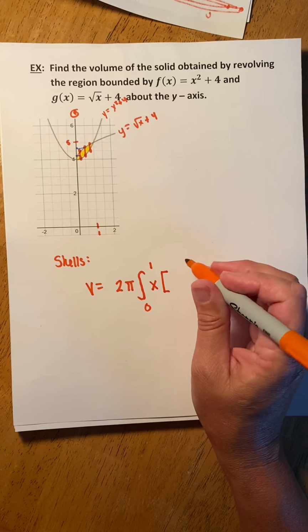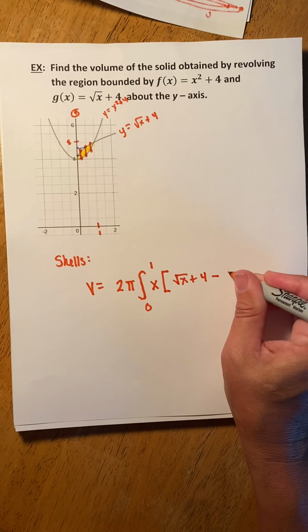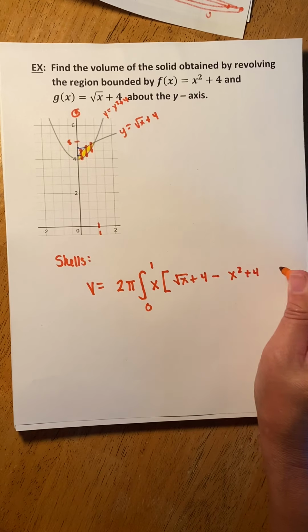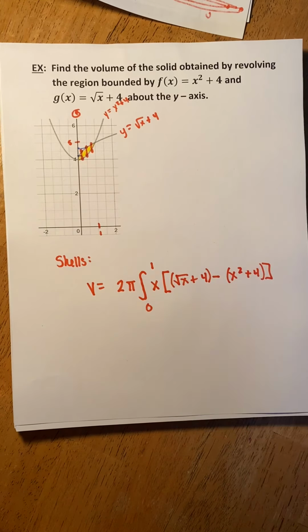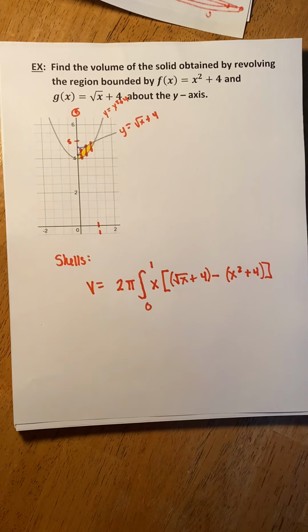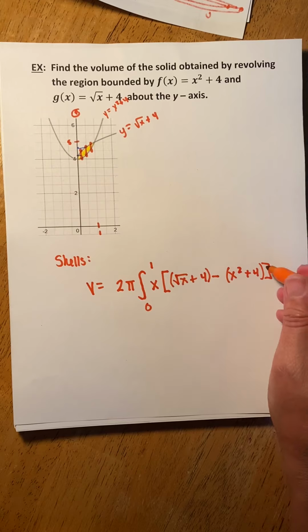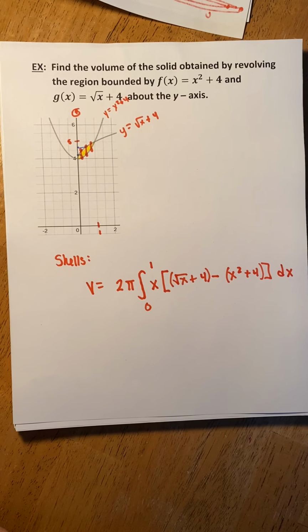And then the height of the cylinder is the top function, square root of x plus 4, minus the bottom function, x squared plus 4. Now be careful, because it's this whole function minus this whole function. Parentheses aren't necessary in the first one, but because we're subtracting a sum, we have to either include the parentheses or remember to distribute. We're going to integrate with respect to x. Okay, I'm going to let you find that volume.